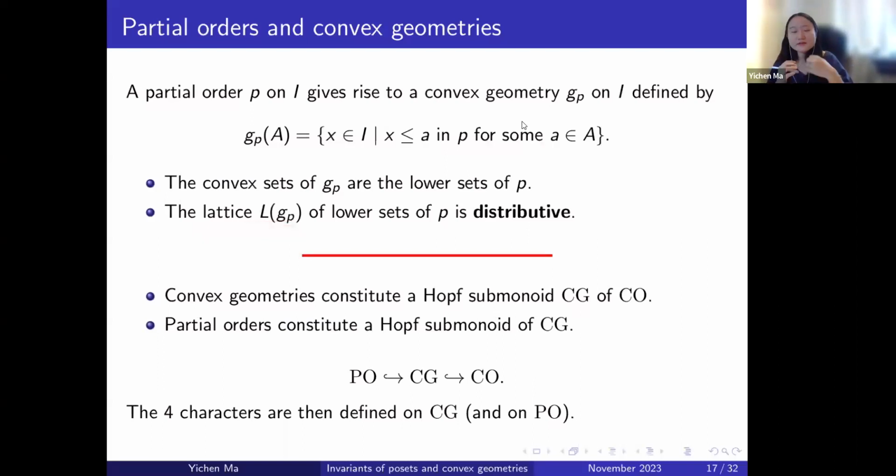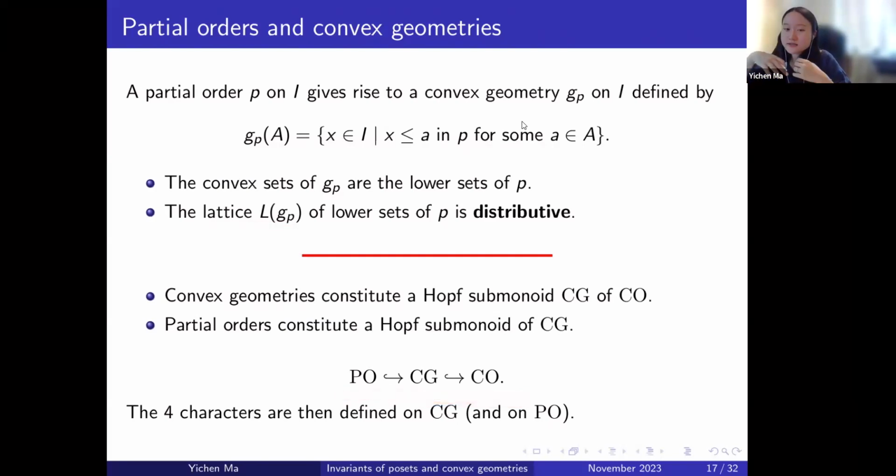So there is a nice relationship between the Hopf monoids of partial orders, convex geometries, and closure operators. Indeed, the convex geometries constitute a Hopf submonoid of the closure operators, and partial orders constitute a Hopf submonoid of convex geometries. So we have this nice map.